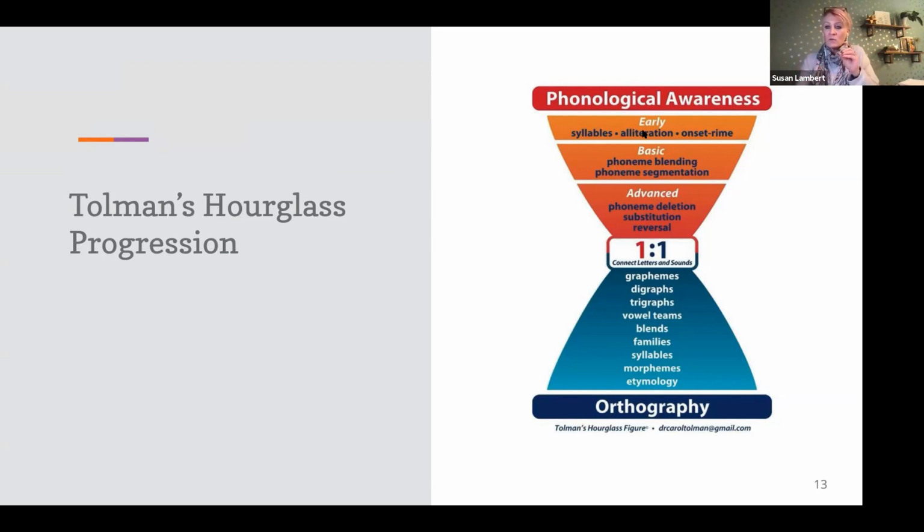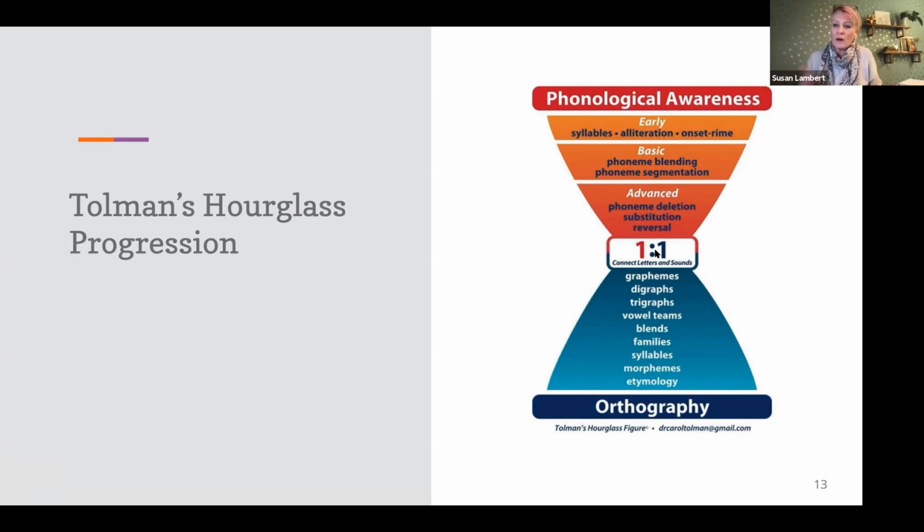Now, kids also then have to go to connecting these sounds and letters to what we call a one-to-one correspondence. When I start to connect the sound m with the letter M, a with the letter A, and t with the letter T, all of a sudden, I cannot just say mat or segment at, but what I can do is read it.